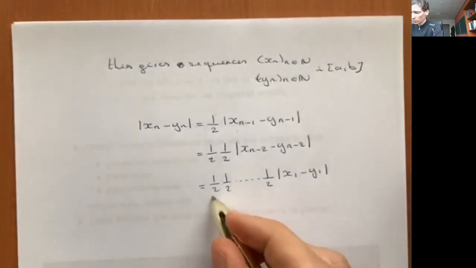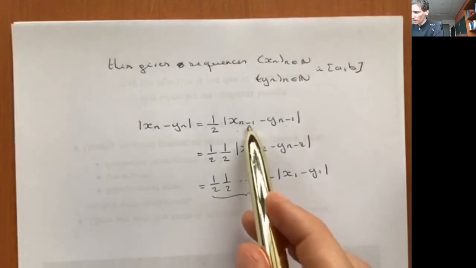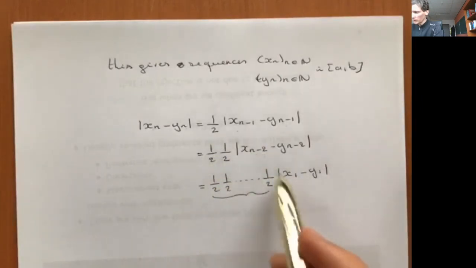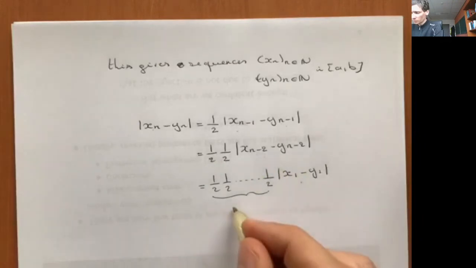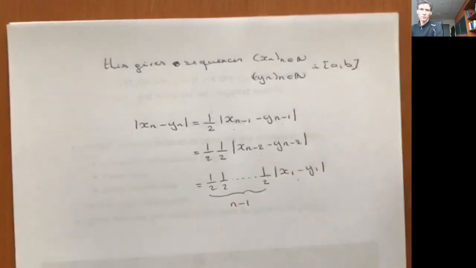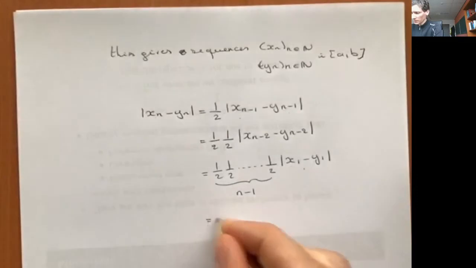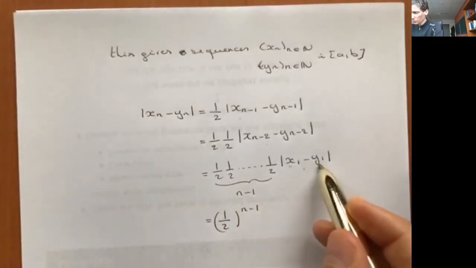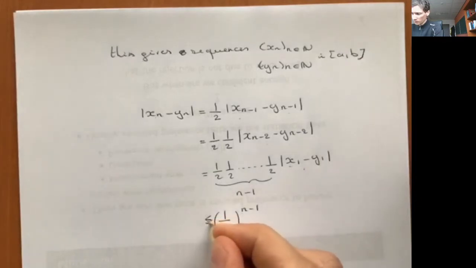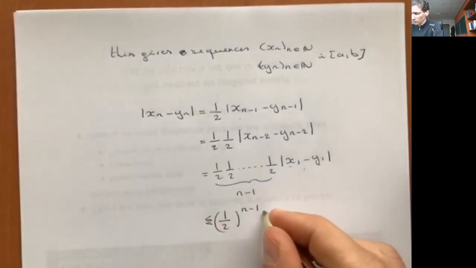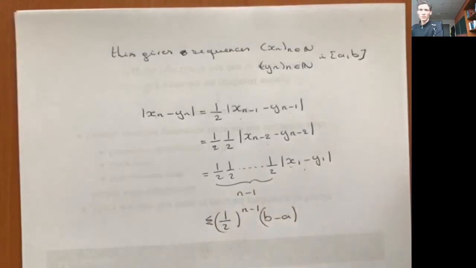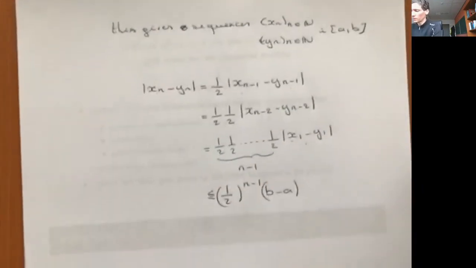So how many 1/2s do we have? If you go minus 1 we have 1, if you go minus 2 we have 2. Here we have to subtract n minus 1 times, so this is n minus 1 times 1/2. So we have 1/2 to the power n minus 1, times x1 minus y1. They're both in the interval ab, so this is smaller than b minus a, which is a non-negative number.